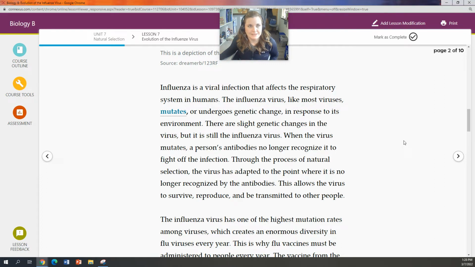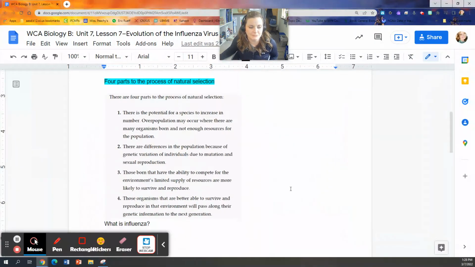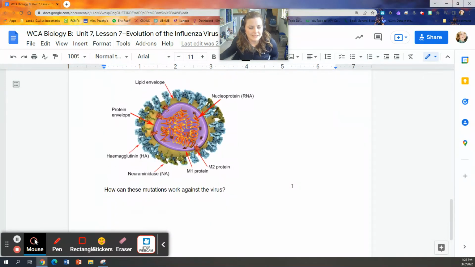So how this works is that your body has the ability to recognize a virus once you've had that infection before. One of the things that it does is it recognizes proteins that the virus displays on the outside of the virus. So here's an example of your influenza virus, and it talks about two specific proteins, HA and NA, that are displayed.